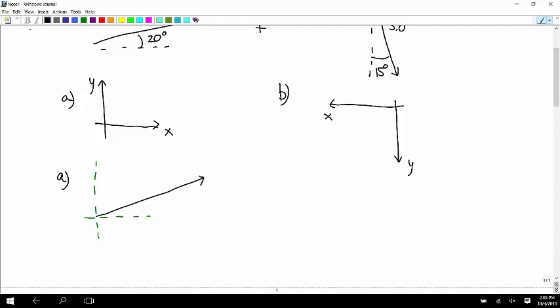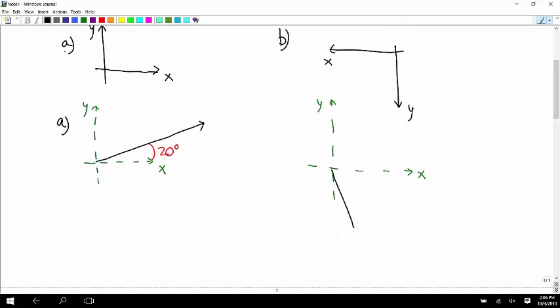Okay, so this vector has a length of 4.5. This is x, this is y. This angle is 20 degrees. And the other vector, this is x, this is y. Put the origin at the tail of the vector. This one makes an angle of 15 degrees with the vertical.